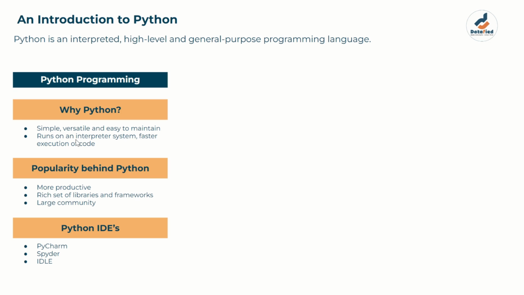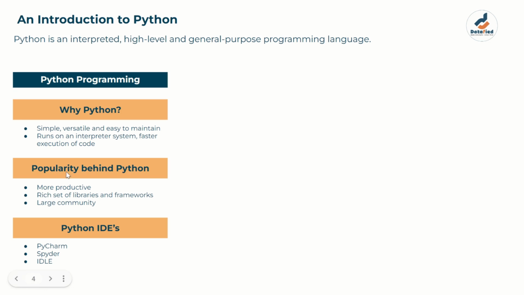Python is a very simple programming language, so you can easily learn and understand the syntax. It is versatile, which means it is used for a lot of purposes, because it's open source and it allows for collaboration. Individuals, even yourself, can design a package that can be used to implement specific tasks in Python. That makes it versatile and very easy to maintain.